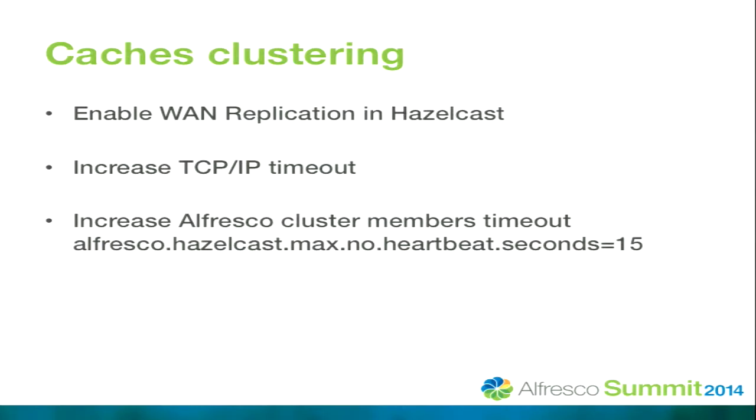So Hazelcast actually provides out-of-the-box support for replication, even across WAN deployments. You'll need to take care of the TCP/IP timeouts and increase them, because the default values provided with the framework are meant for local area networks, not wide area networks.